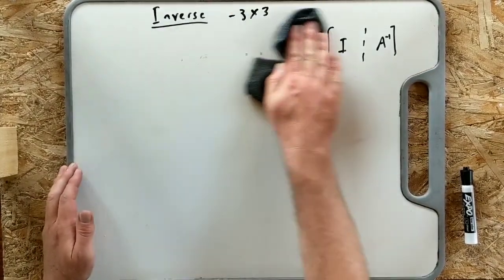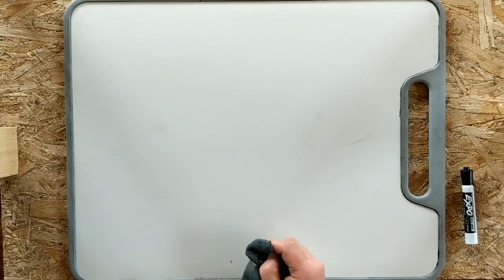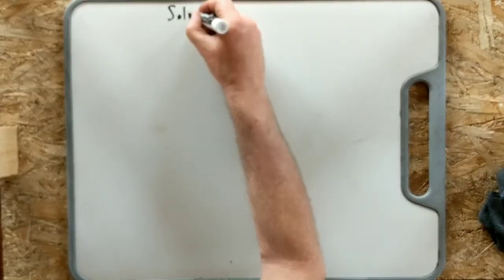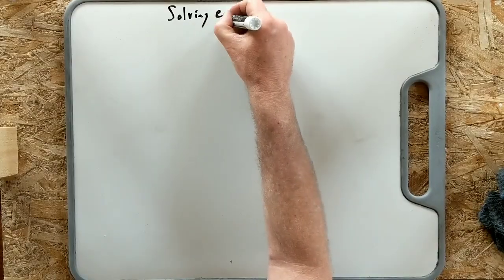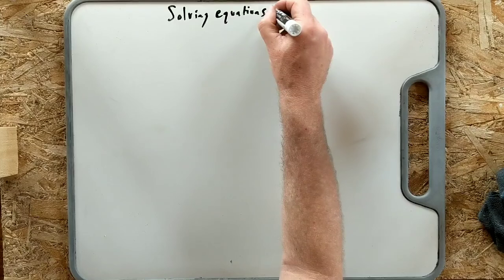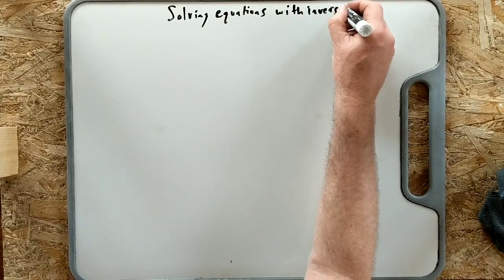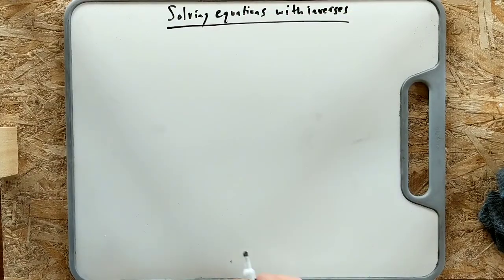Okay, now I'm going to do an application of this, which is not the only application, but it is the one we're going to go through, which is solving equations with inverses. We've already used several methods to solve equations. One was using Gaussian elimination in matrices, or Gaussian elimination actually in variables.